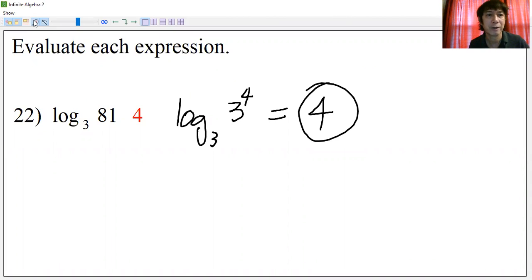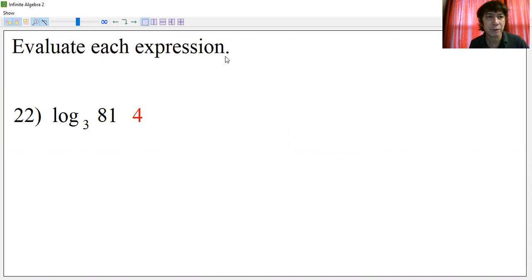Our answer is correct. We shall continue with 23. All right. Here's 23. We now have 25. And that is so related with the number 5. This is powers of 5 here. We can express 25 as 5 squared.